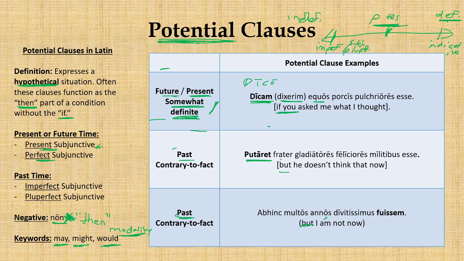So in this example, the brother, the frater, was thinking, or would think, that gladiators are more happy than soldiers. And so as we refer back to our little line up here, I think this is taking place in this indefinite area.